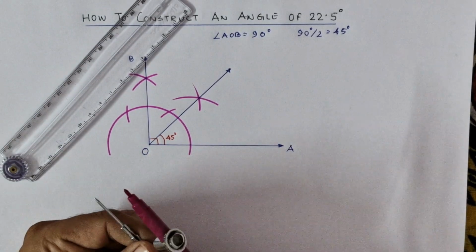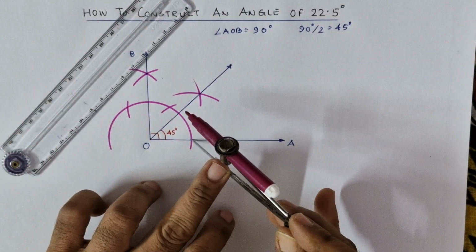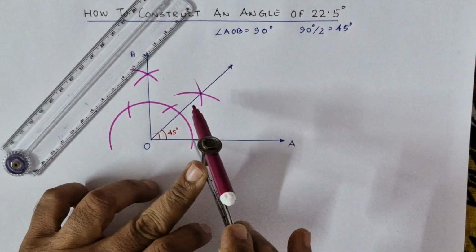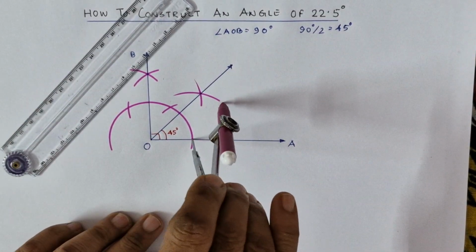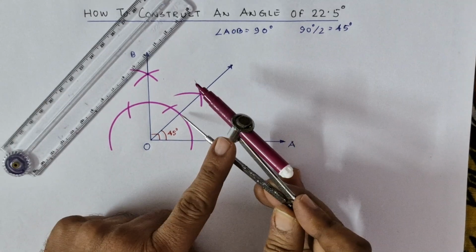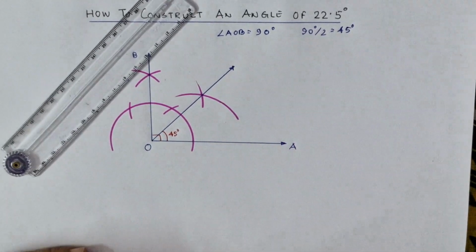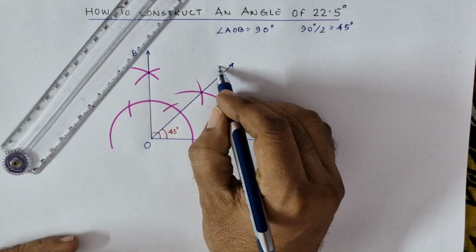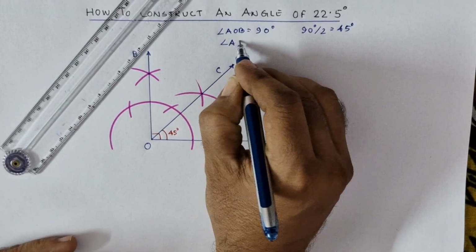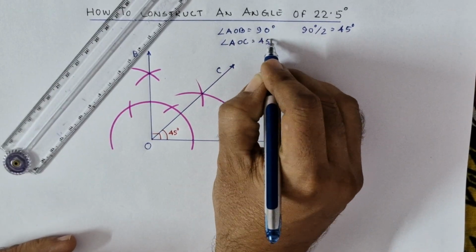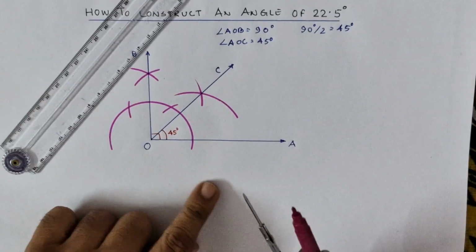So let's do it. You don't need to change the radius of the compass. So again, point here. Let's name this. Sorry, students. So angle AOC is 45 degrees. Got it? So what are you going to do?